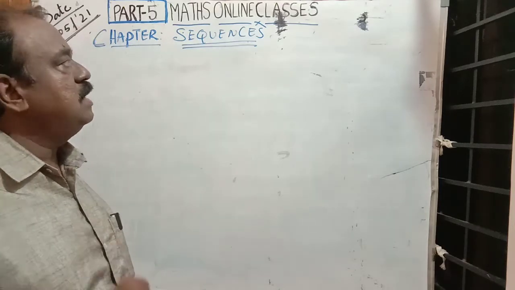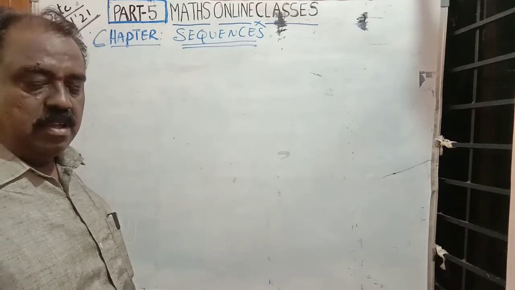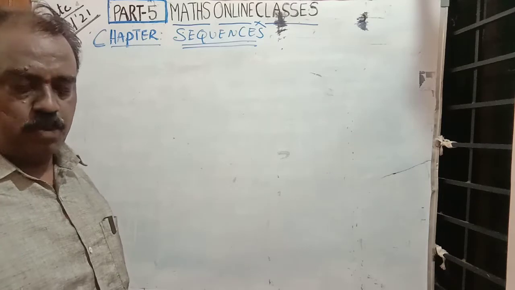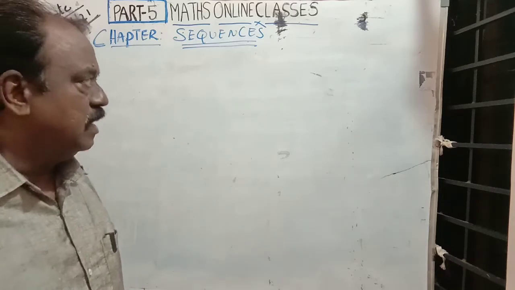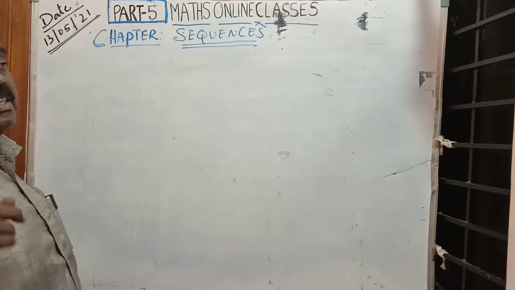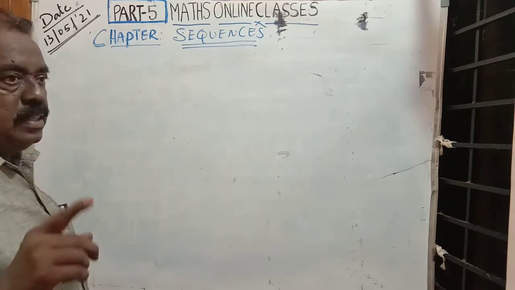Sequences can be named AP (arithmetic progression), GP (geometrical progression), HP (harmonic progression), like that. Now we are in arithmetic progression.